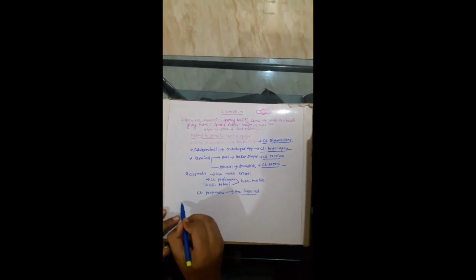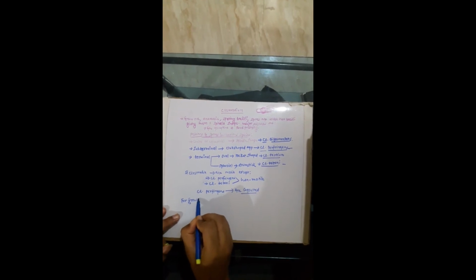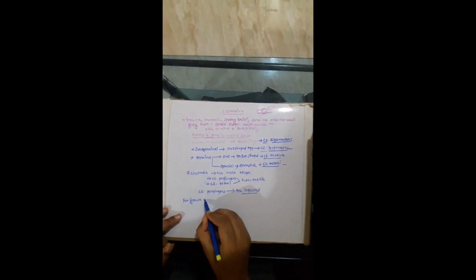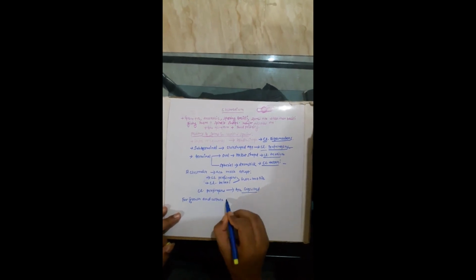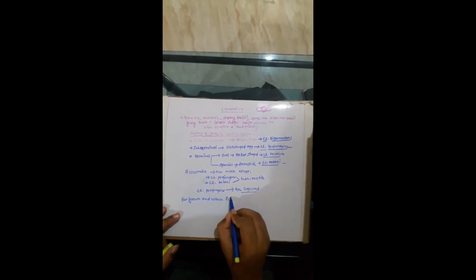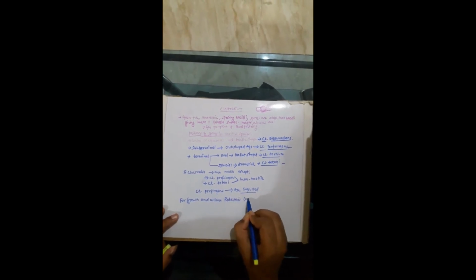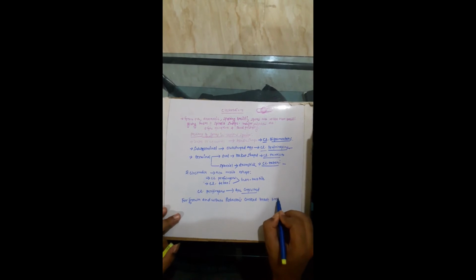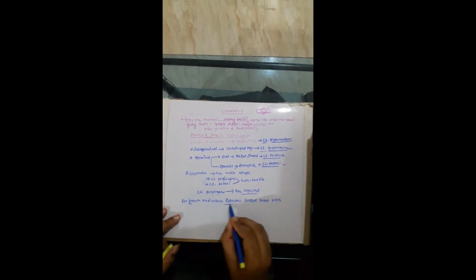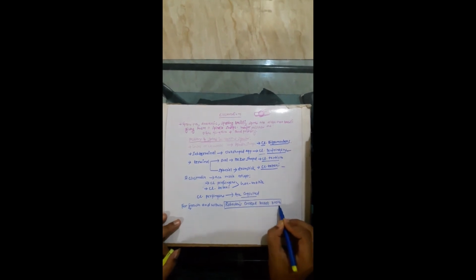So for growth and culture, Robertson cooked meat broth. Why Robertson cooked meat broth?